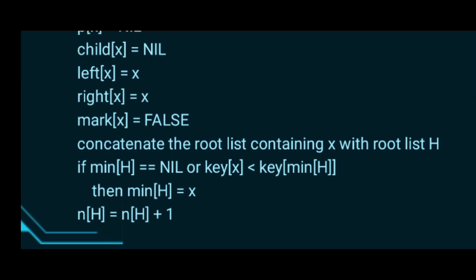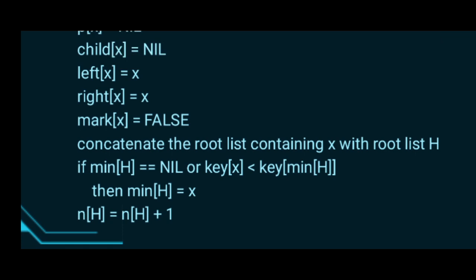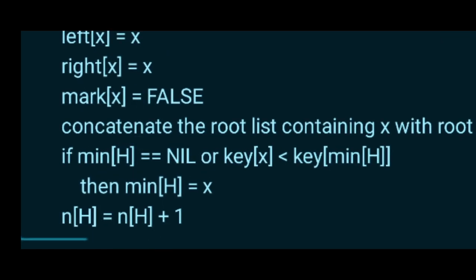Or if yung key ng new node natin which is x with the current minimum node ng min[H] ay i-compare silang dalawa. If yung key ng x is smaller, then ito na yung bagong minimum node. And lastly is the node count update, which is n[H] equals n[H] plus 1. So this part will only increment or add by 1 sa new node ng heap natin or H.